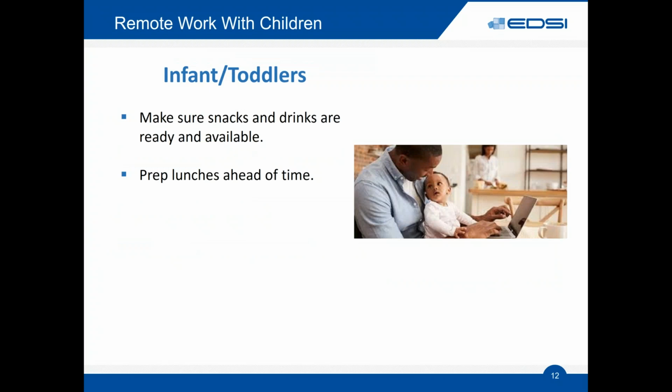And then making sure snacks and drinks are readily available. I saw this on somebody's post that they had a little Tupperware bowl that they filled up with the sippy cup and had all the snacks and fruit and everything right in the bowl on the counter for each child.